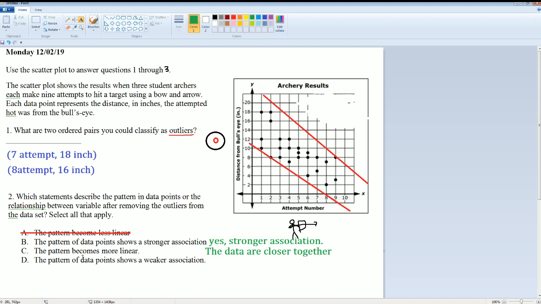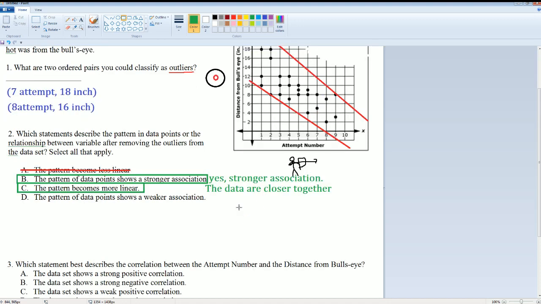The pattern becomes more linear. So this was correct. And does it become more of a line? Yes, because the data gets closer. So this is also correct. And the data shows a weaker association? No. Something for you to know about association is that association just refers to how close the data is to each other, how associated they are.